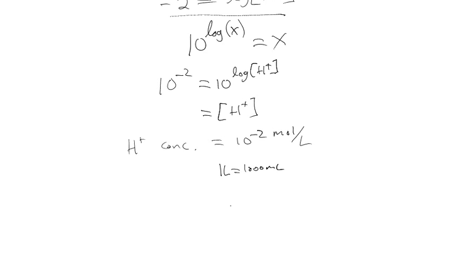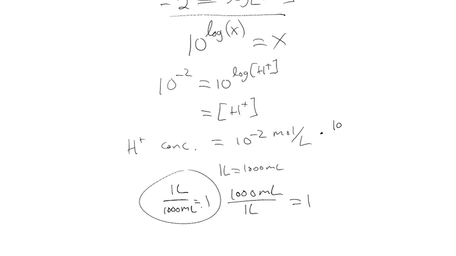So we can write 1,000 milliliters over 1 liter, so that's equal to 1, and so we can multiply this thing by 1 of that form. Or you can also do the opposite of this, because 1 over 1 is equal to 1, so we also know that 1 liter over 1,000 milliliters is equal to 1, and so let's multiply it by this one so that we can get the liters to drop out.